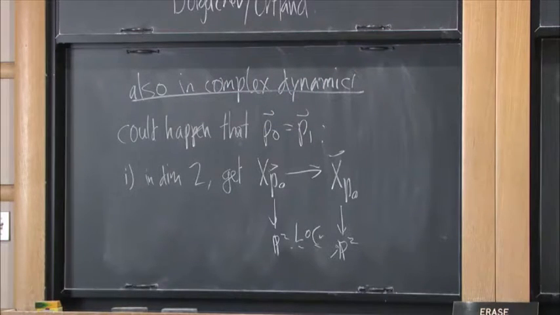So in dimension 2, I think this is about 10 years ago, it was worked out by McMullen, and then in different language, but doing the same thing, by Bedford and Kim.